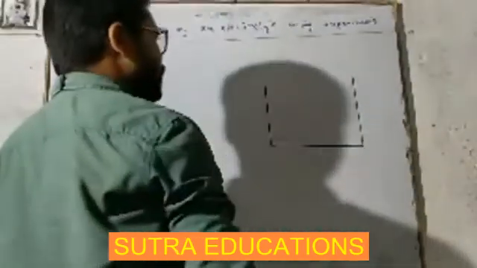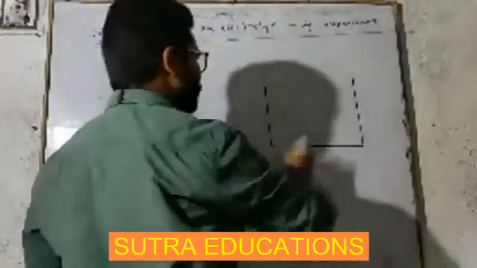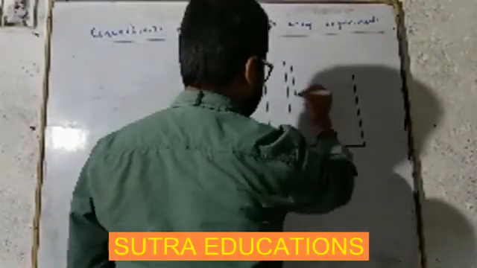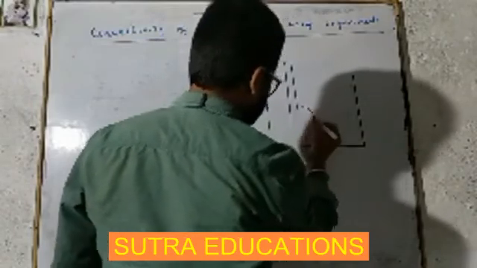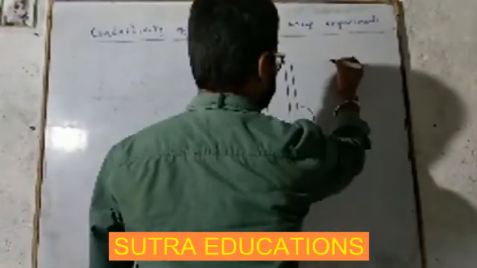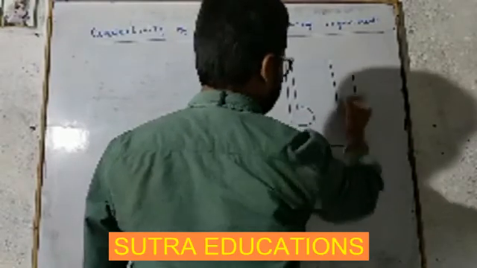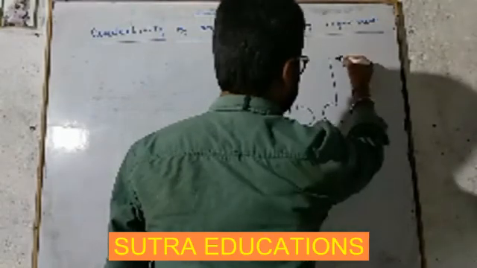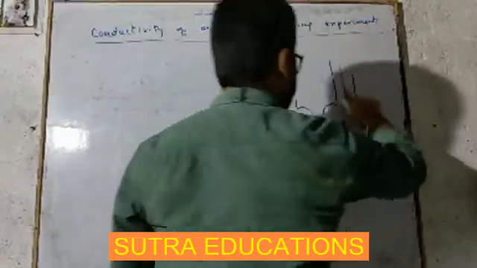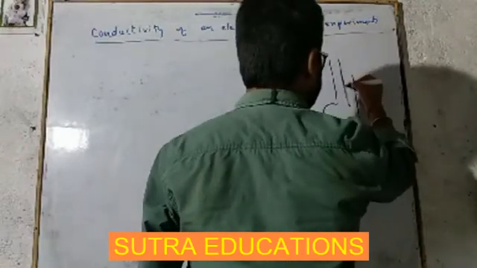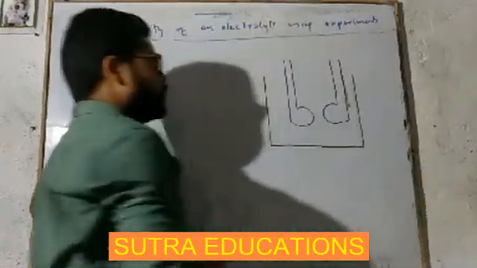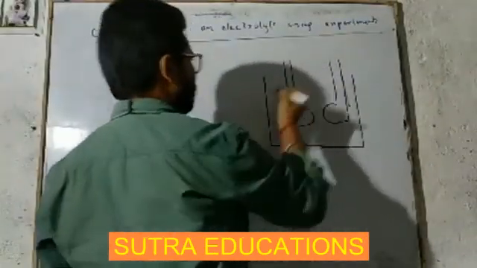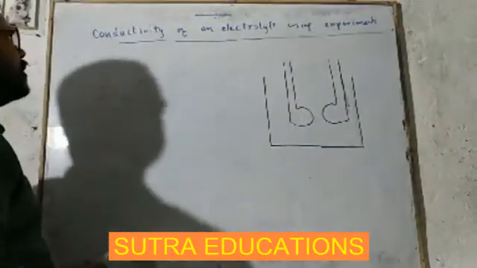What is a conductivity cell? A conductivity cell means, say, anode and cathode are connected, and some electrolyte is used here, the electrolyte of which we are going to measure the conductivity.